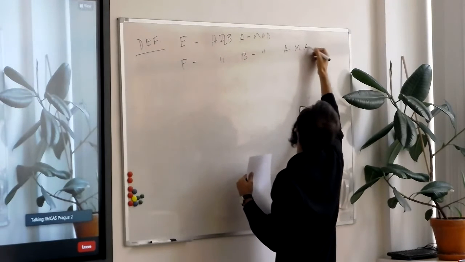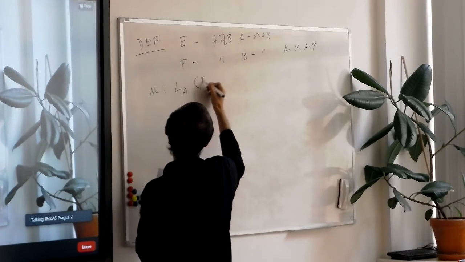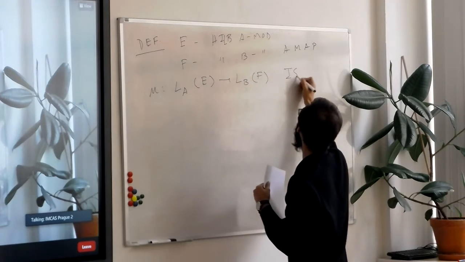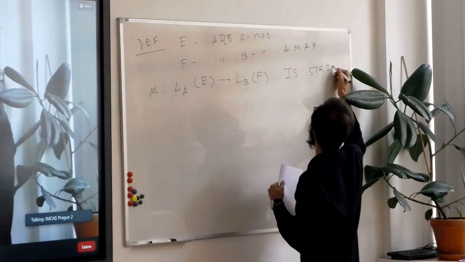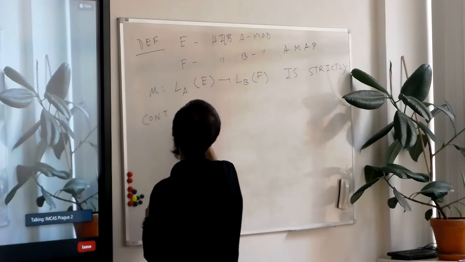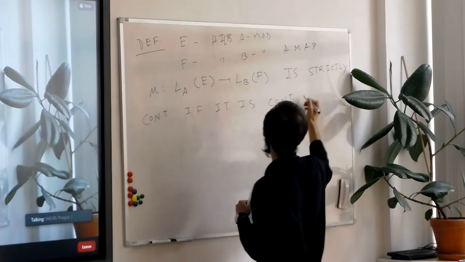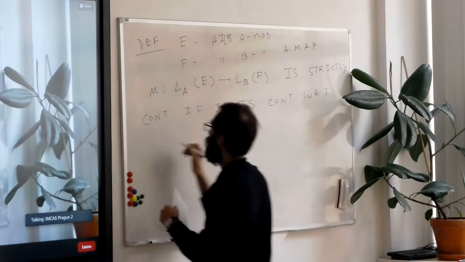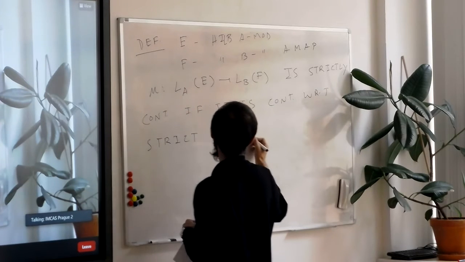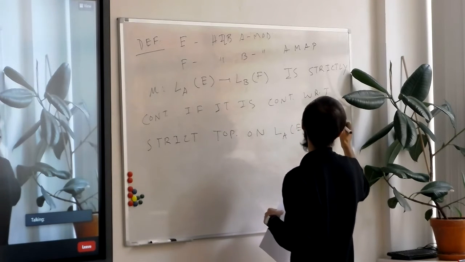A map from L_A(E) to L_B(F) is strictly continuous if it is continuous with respect to the strict topologies on L_A(E) and L_B(F).